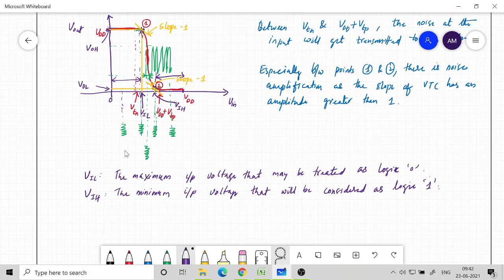So we limit the input voltage for logic low from 0 to VIL, and logic high to voltages from VIH to VDD.